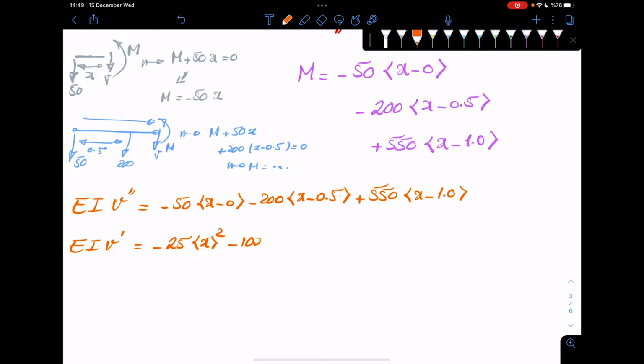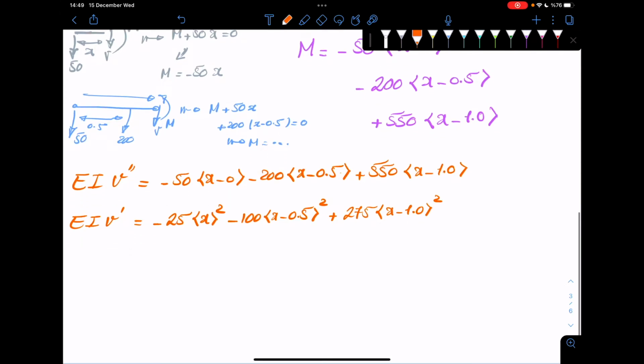Minus 100 times x minus 0.5 to the power 2, plus 550 divided by 2 is 275 times x minus 1 to the power 2. So that's the second one, and then you integrate it once more.